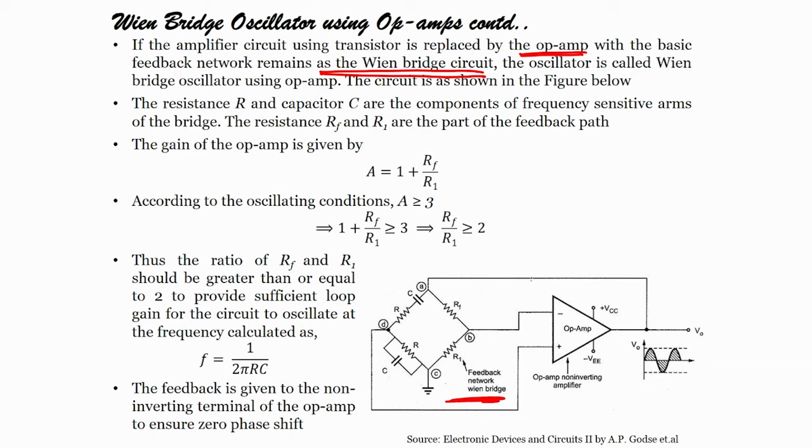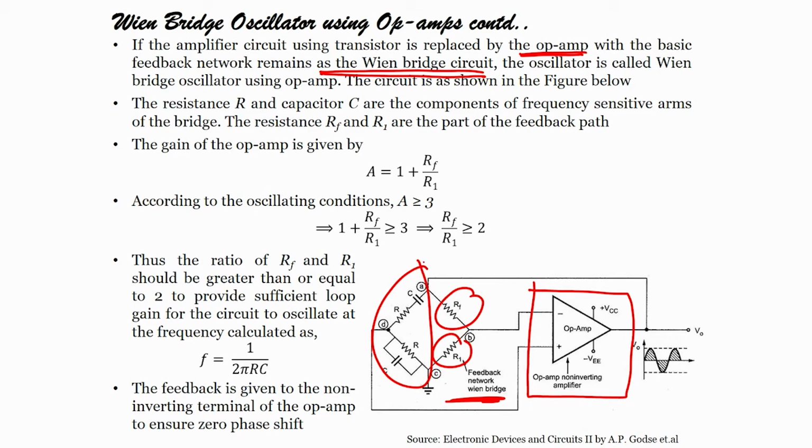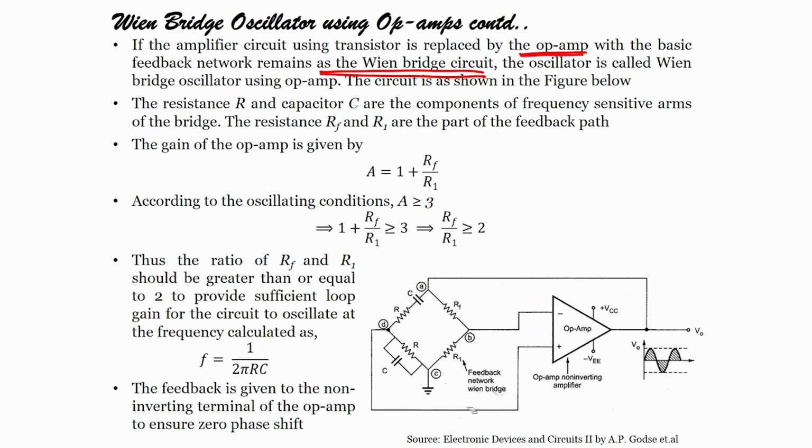This is the operational amplifier that we are using, with RF and R1. The R1 C1 series and R2 C2 parallel combination is our feedback network.